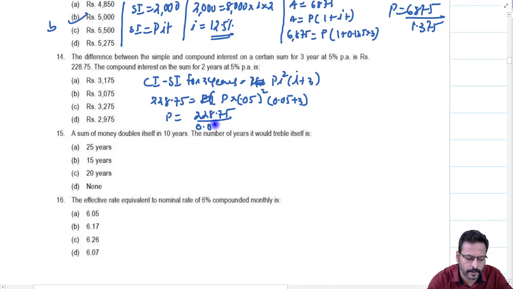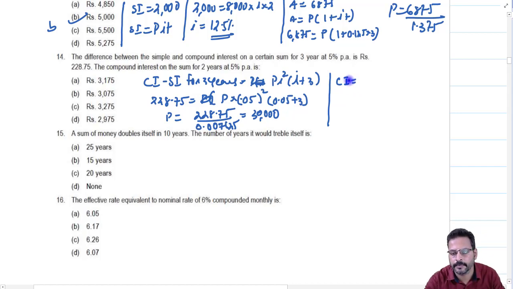This comes to 0.007625, and P is 30,000. Then we have to find the compound interest on the sum.